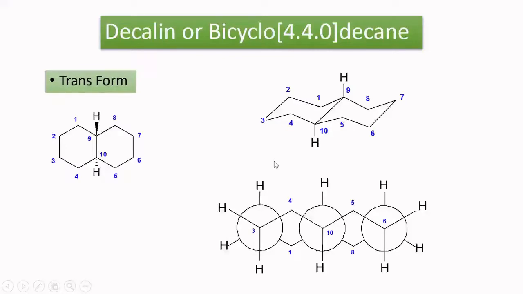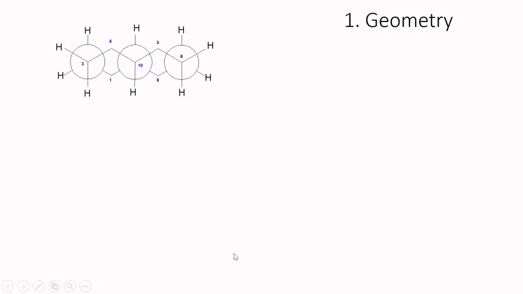They are present in the chair conformation because that is the most stable conformation we can expect for the cis and trans Decalin. So the first point that we are supposed to remember is that the cis and the trans Decalin contain cyclohexane units in the chair conformation.